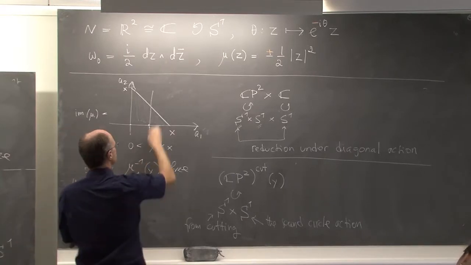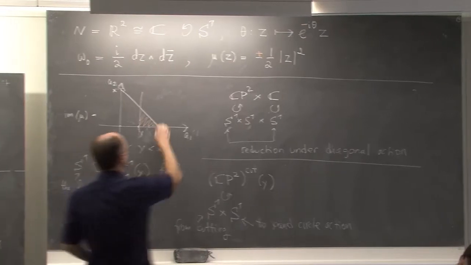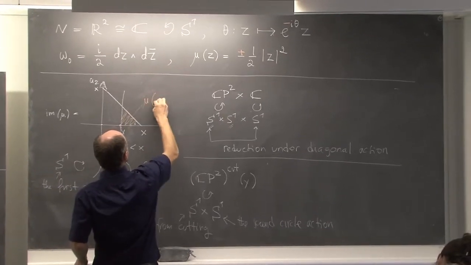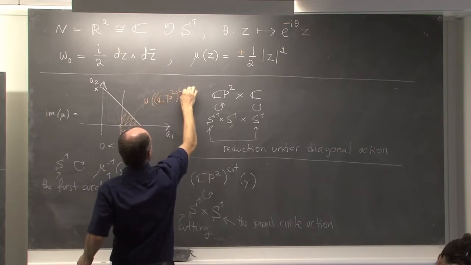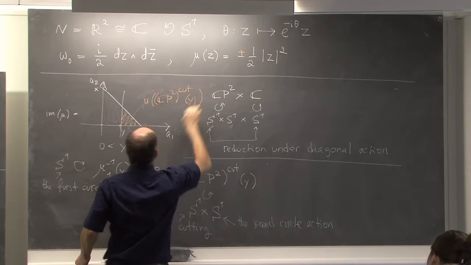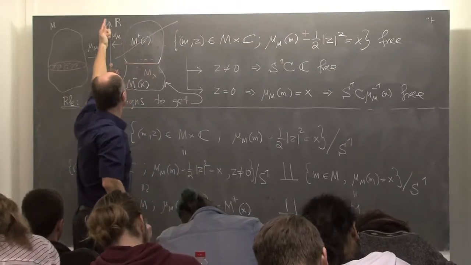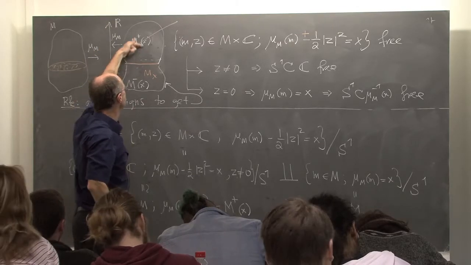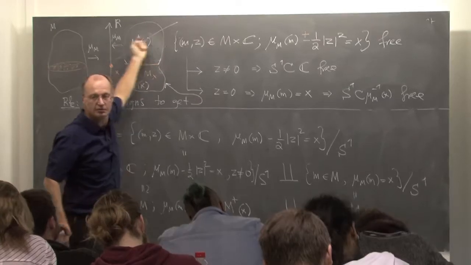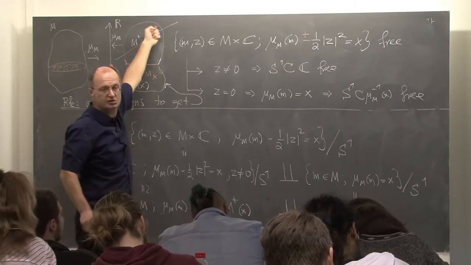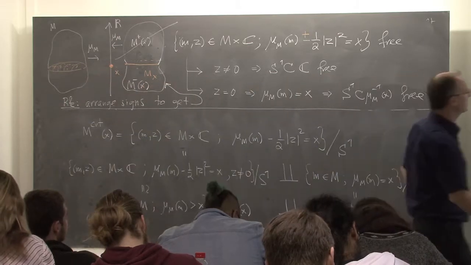That's going to be the image of CP2 cut of y. So here it was clear in the procedure. We're doing cutting along the axis. We choose everything which has the value of the moment map, in our cutting, which is greater than the value at which we cut.